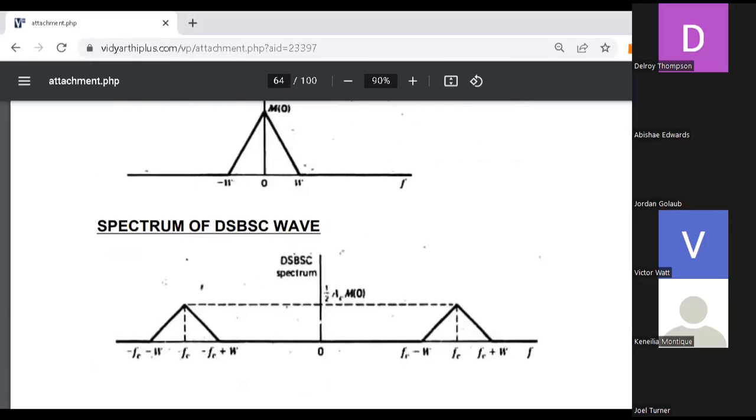So this is your single sideband, your double sideband. Both of them carry the same information. So this is your modulated signal in a double sideband format.